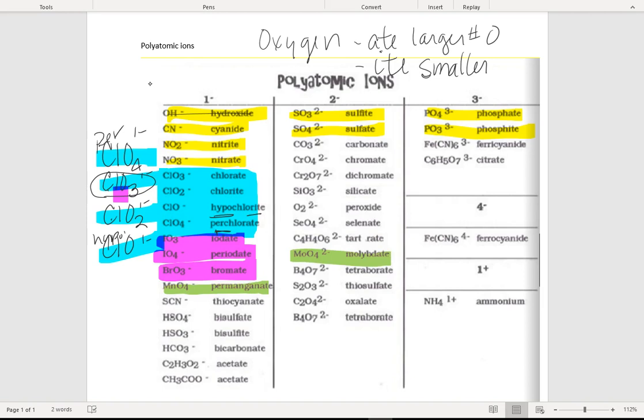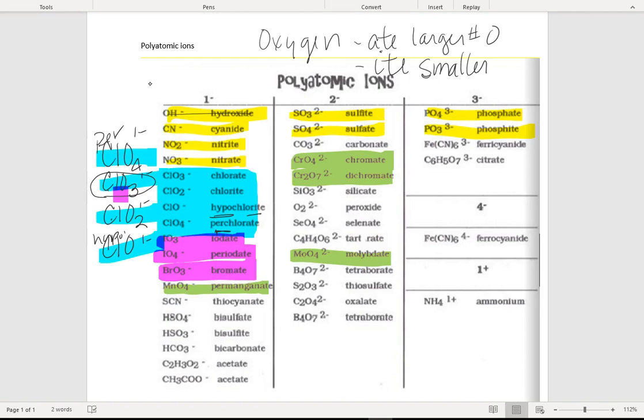Why isn't it permolybdate? I don't know. It's another one of those mysteries. Another one from the transition metals is chromate. Again, CrO4. I wish there was a pattern here, but there's not. Chromate has a friend, dichromate, Cr2O7. Those are pretty easy to distinguish between.